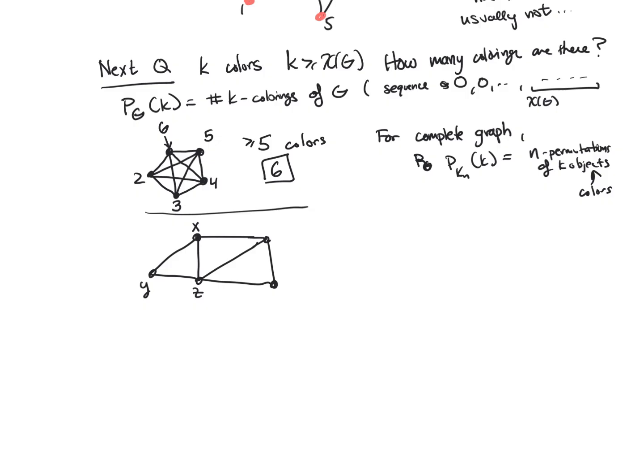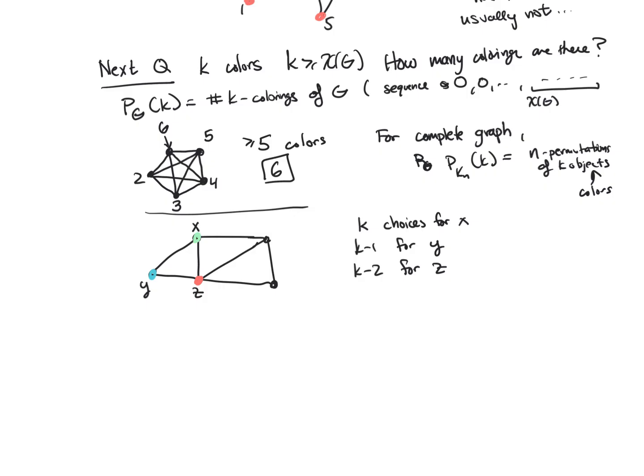So I can think of this as having k choices for X, k minus 1 for Y, and k minus 2 for Z. And then I have to fill out the whole rest of the graph. So let me give some colors here. Maybe I just chose green, red, and blue.